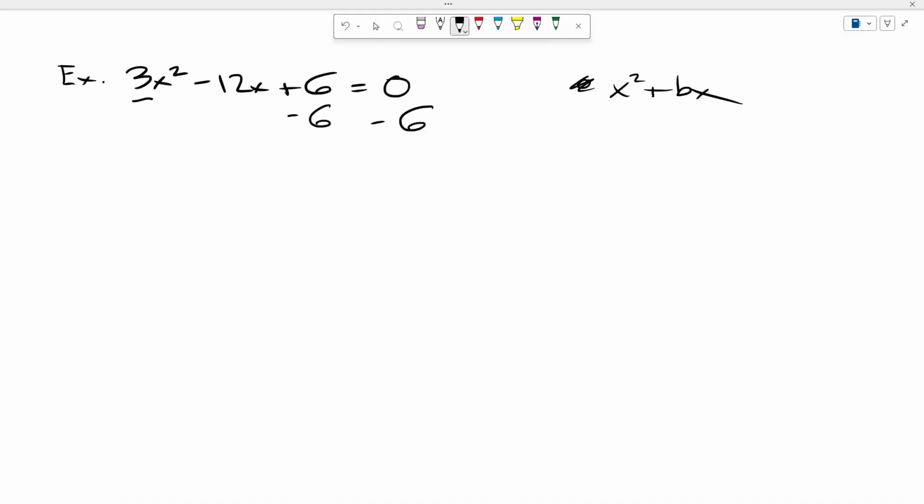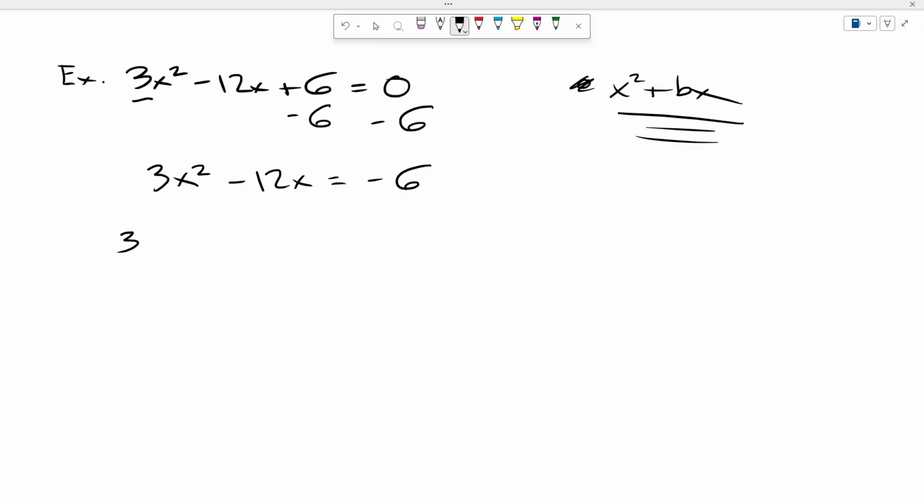So sorry, move the 6 over first. So 3x squared minus 12x equals negative 6. Now, let's factor out that 3, because that way we didn't go factoring the 3 out of the 6. Get that moved over first. Get it in this form first.